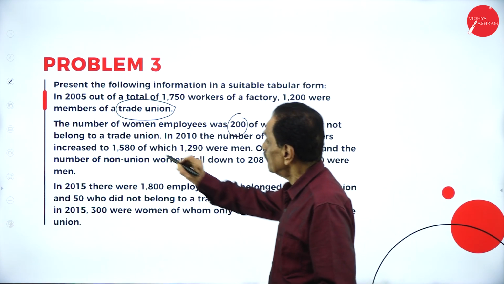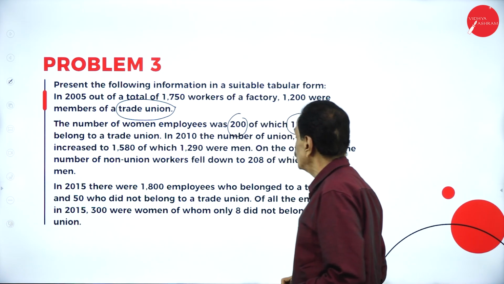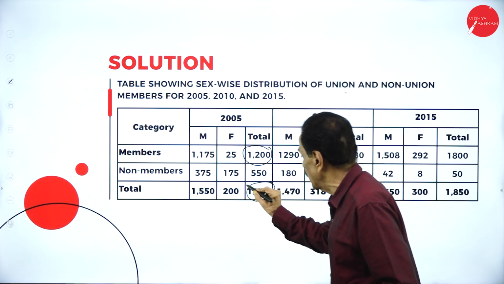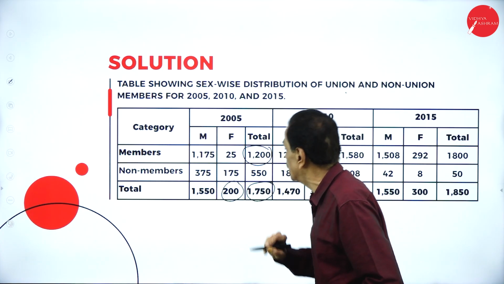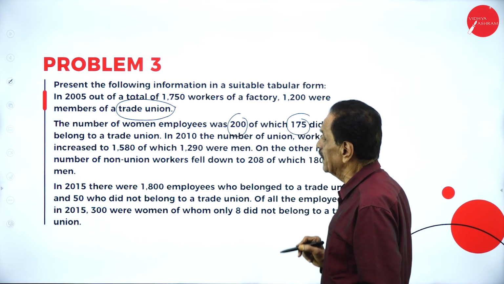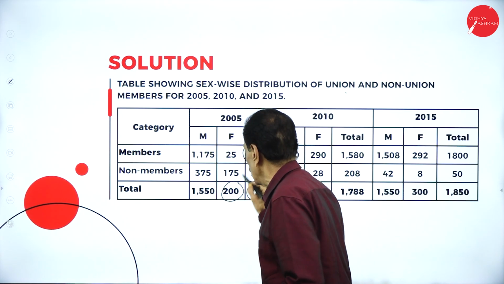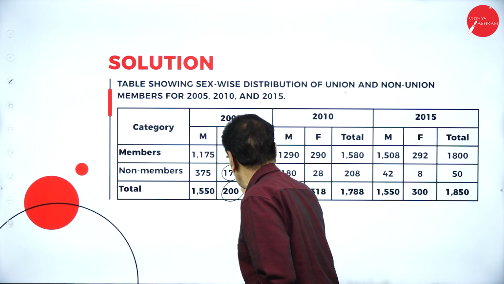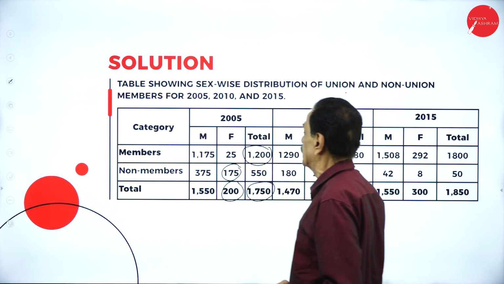Then the number of women employees was 200. If 175 did not belong to trade union, here 175 is the non-members, which means 25 are members.